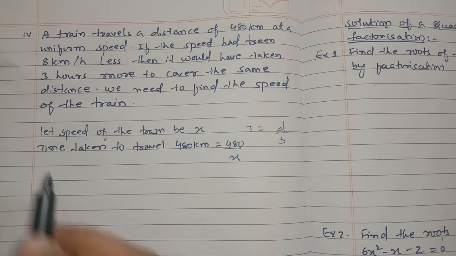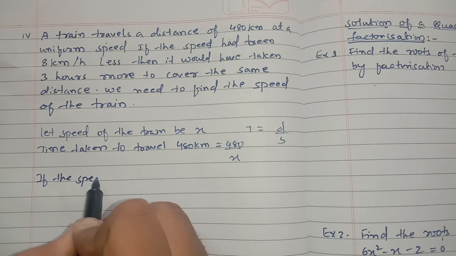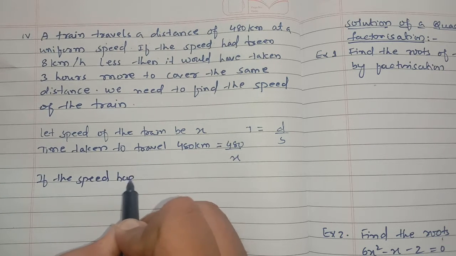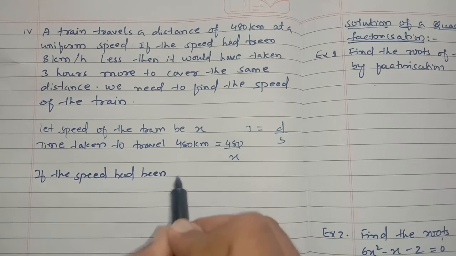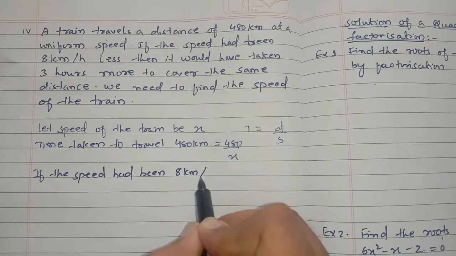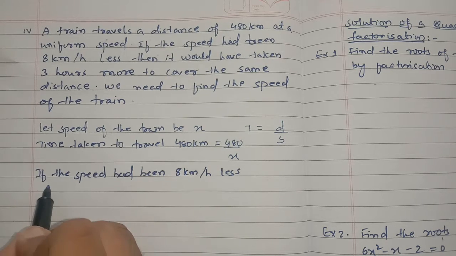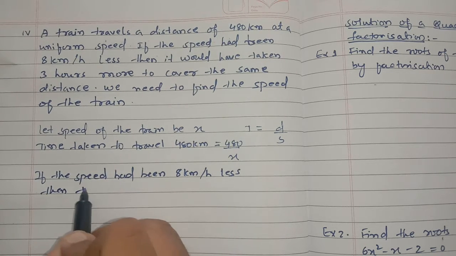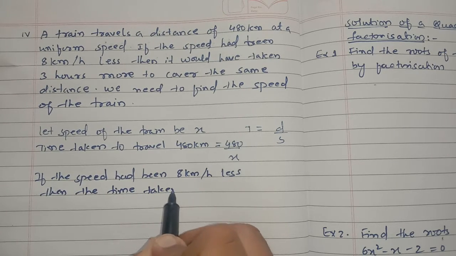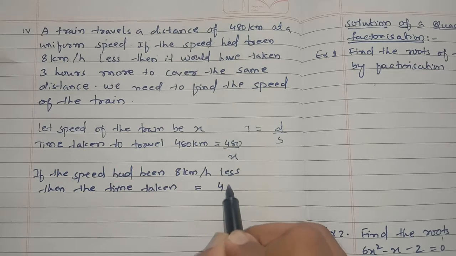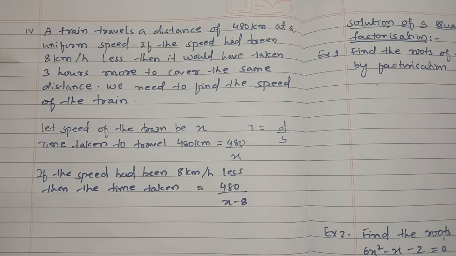If the speed had been 8 km per hour less, then the time taken is equal to 480 divided by x minus 8.